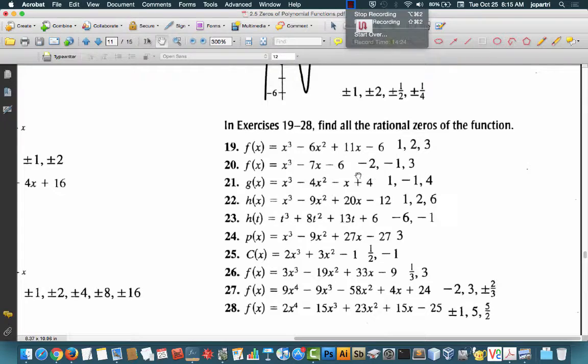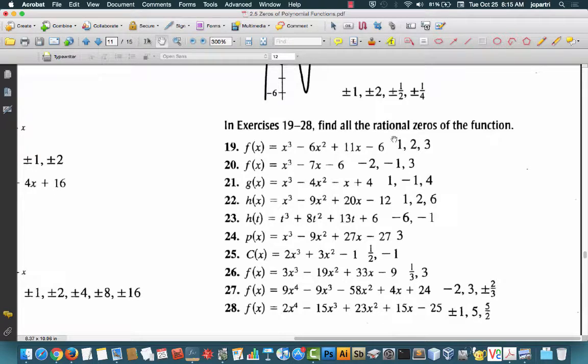Okay, here's number 19, and it says find all the rational zeros of the function. First we're going to try the rational zeros test. The leading coefficient is 1. The trailing coefficient is -6.